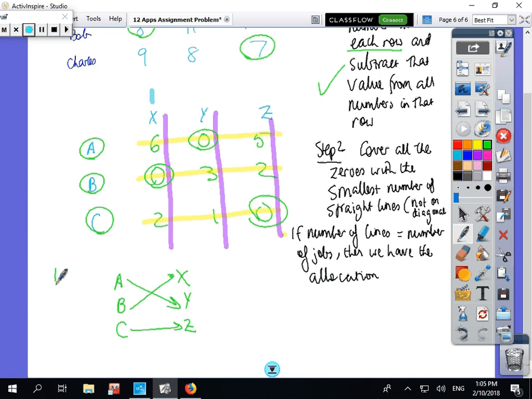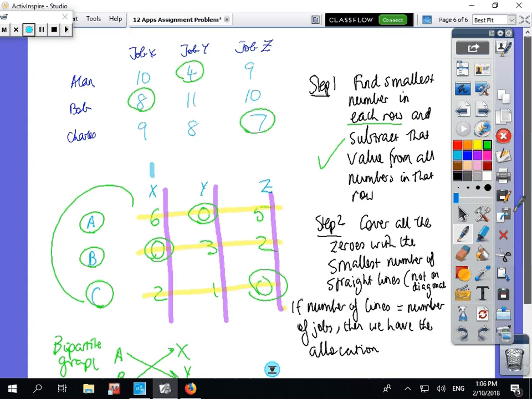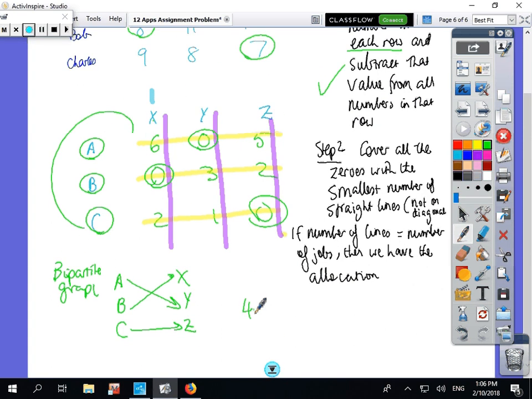Here's the bipartite graph, and we've done the allocation of work up there. The minimum amount of time, going back to the original numbers, would be 4 plus 8 plus 7, so the minimum time would be 19 hours.